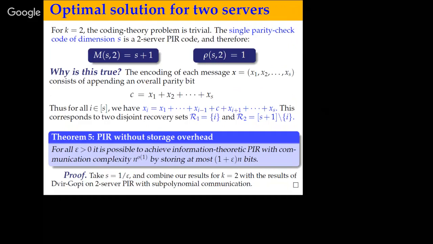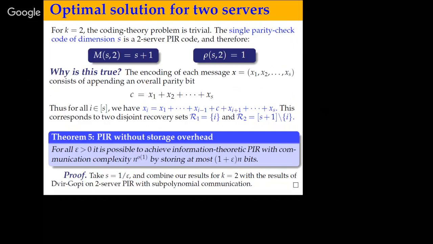What it says is, you take epsilon as small as you want, and then I can produce a private information retrieval protocol which has storage overhead 1 plus epsilon over n, and communication complexity which is sublinear. Well, what's the proper name for something like that? Subpolynomial. Okay.